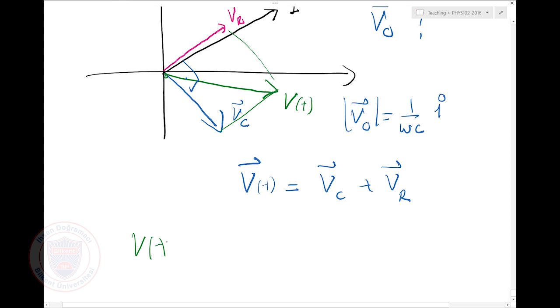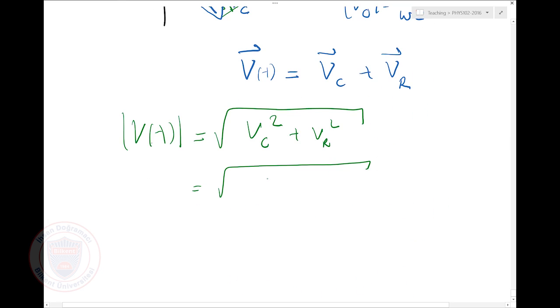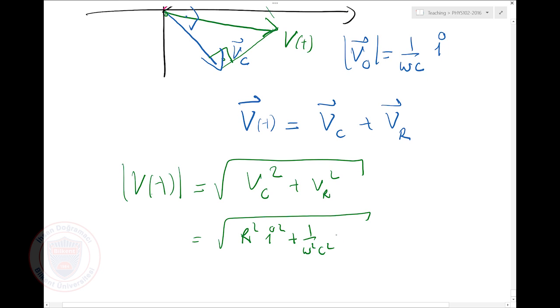So can you tell me the V of t magnitude? Because the angle here is 90 degrees, it must be the square root of VC squared plus VR squared. Did I find both of them? Yes, I did. So this is going to be R squared I squared plus 1 over omega squared C squared times I squared.